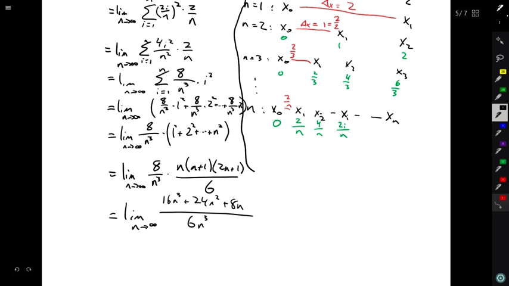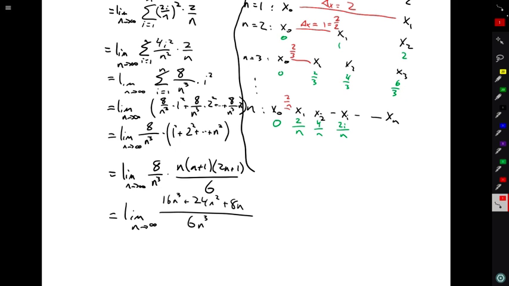So now what we notice is we have a limit of a rational function. I've got some polynomial here divided by some other polynomial. And if we're taking the limit as n goes to infinity of a rational function, we want to think about the degrees of the numerator and the denominator. The degree, being the largest exponent of my numerator, is 3. The degree of my denominator is also 3.